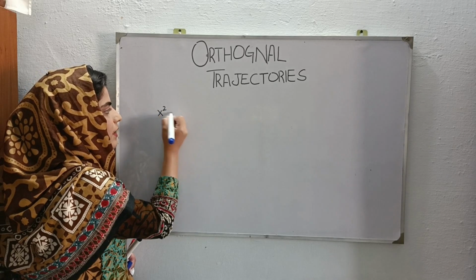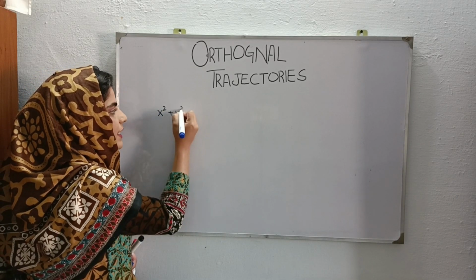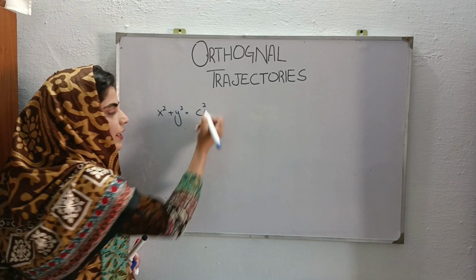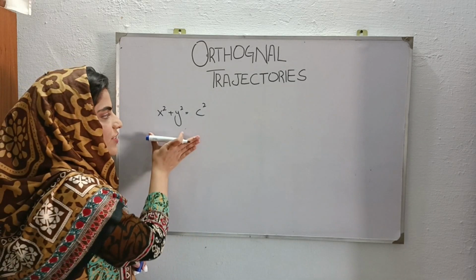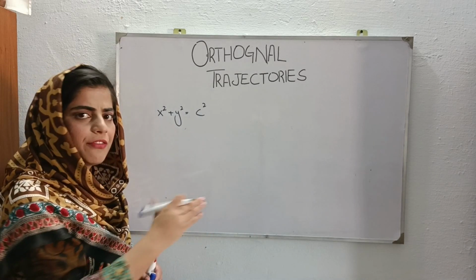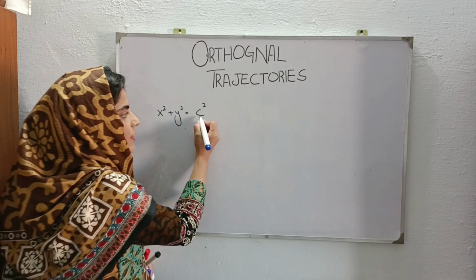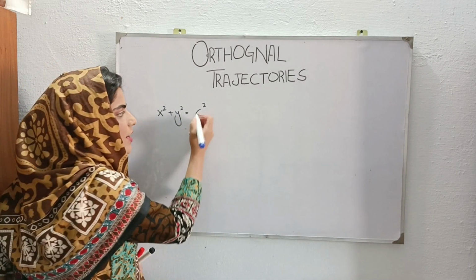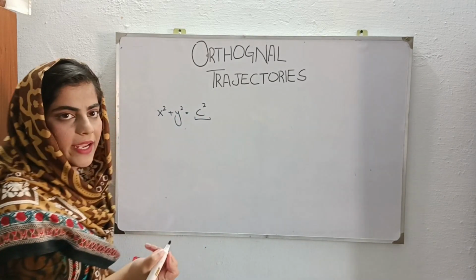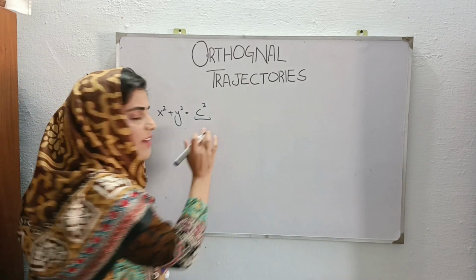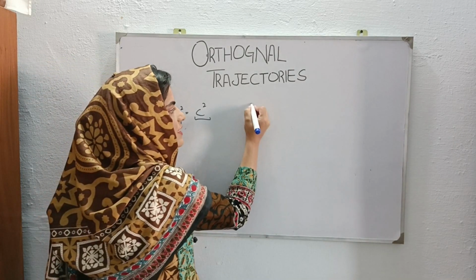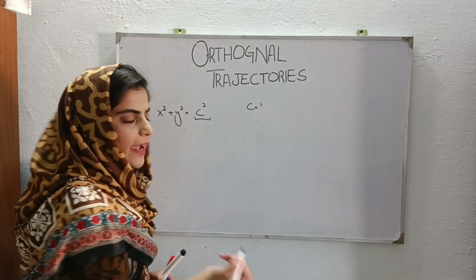x square plus y square equals c square, right? This is the general solution of a differential equation, because there is a constant c. If I put c equals 1, what will I get?